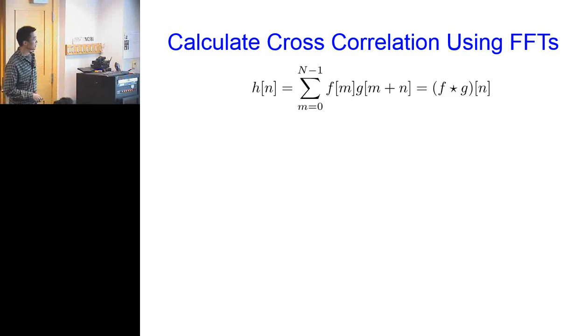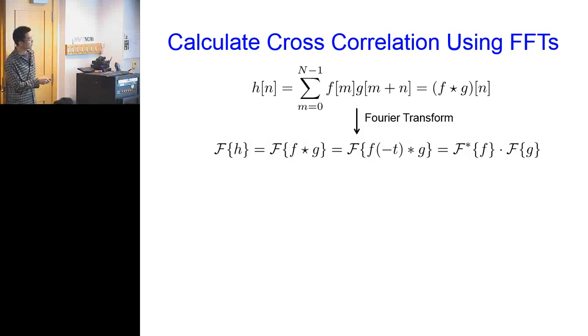This is where the FFT can come in. This cross correlation H is equal to this quantity, and we have a symbol for that: F star G. The trick we play here is to take the Fourier transform on both sides.